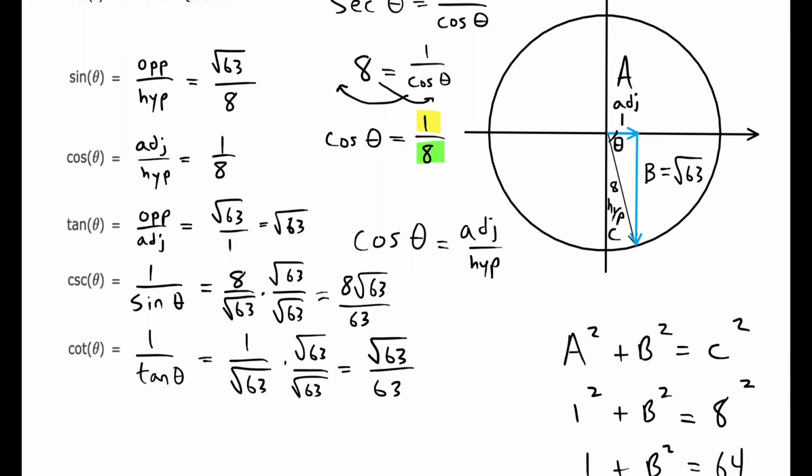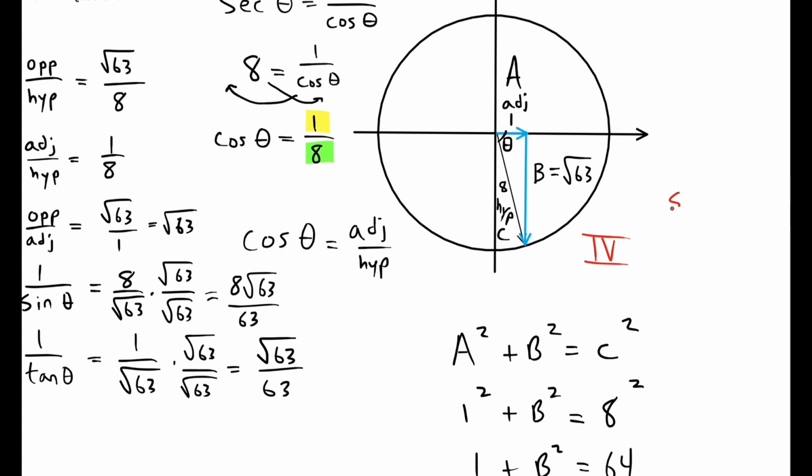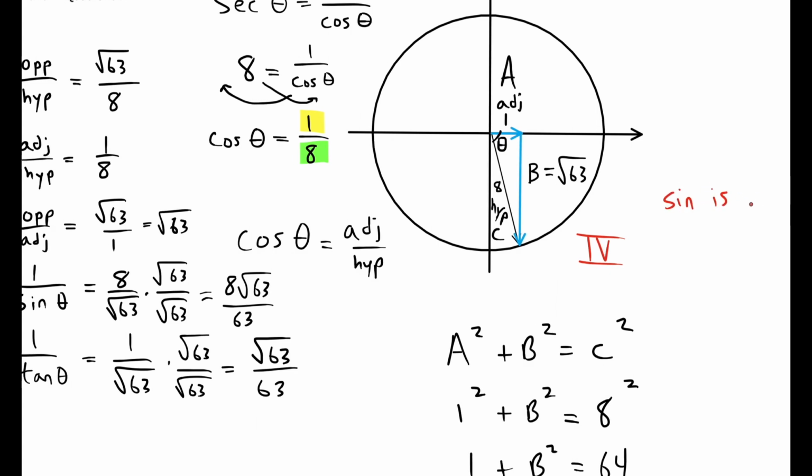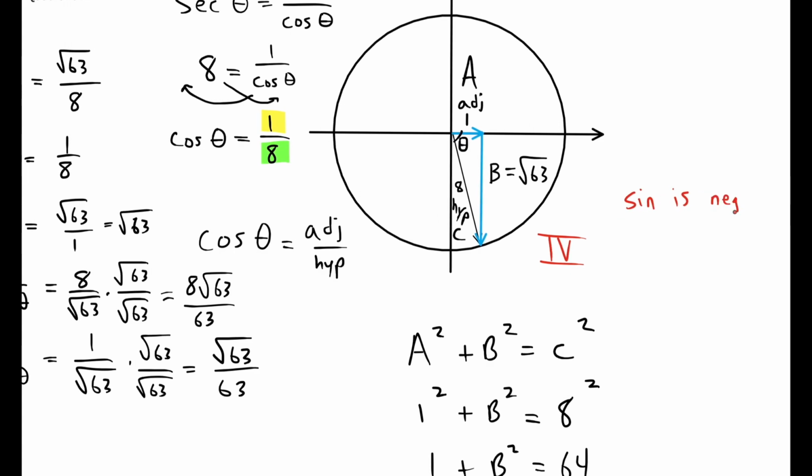Now I'm going to consider the signs of each of these, because I've got the sizes of them all, but I have to take into account the sign because we are pointing into quadrant 4. This is a place where sine is negative, cosine is positive, and tan would be negative.